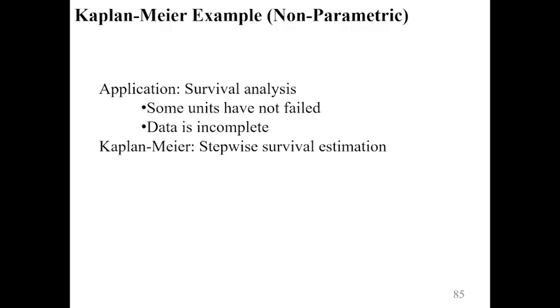The Kaplan-Meier method estimates the survival probability step by step at each failure event, and one of its main advantages, as I told you in the previous slide, is that it does not assume any specific distribution, making it highly flexible and widely applicable in both engineering and biomedical fields.